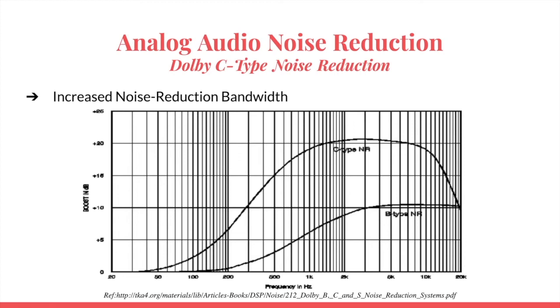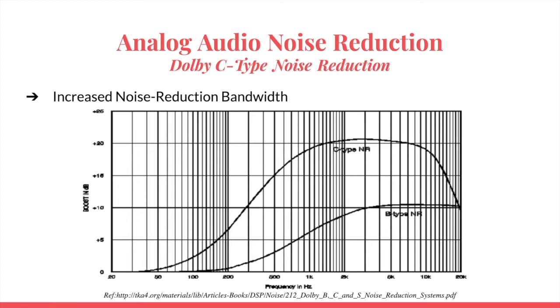One of Dolby C's features was that, compared to Dolby B, Dolby C had an increased noise reduction bandwidth. As you can see from the graph, Dolby C-type noise reduction begins to take effect in the 100 Hz region and provides about 15 dB of noise reduction around 400 Hz and 20 dB in the critical 2000 to 10,000 Hz area.